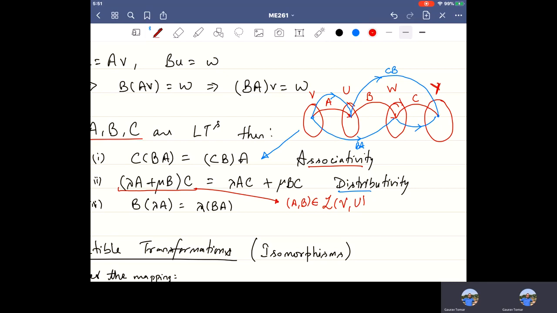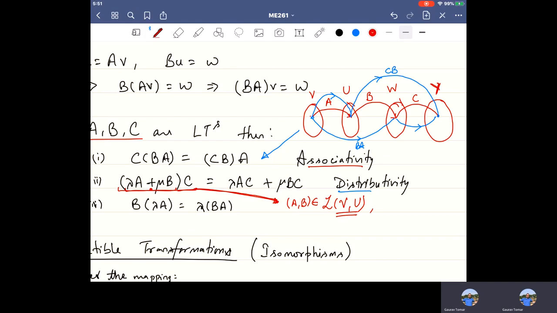Otherwise, you cannot add. If there is a linear transformation mapping U to W, you cannot add it to V to U. So this addition is defined only for the same set of linear transformations that map from V to U or U to W, whichever, but they have to belong to the same set of linear transformations, right?